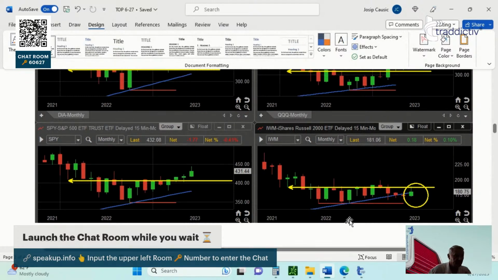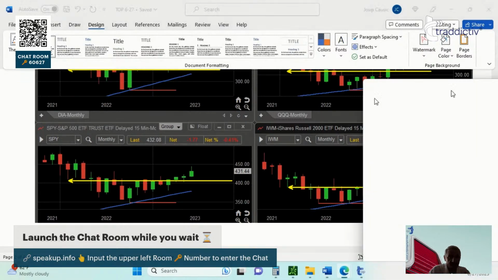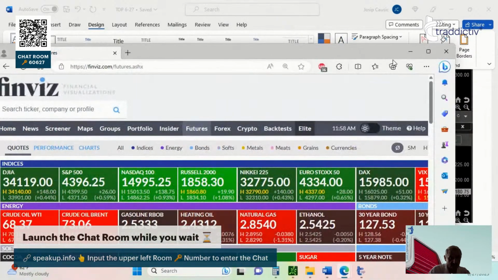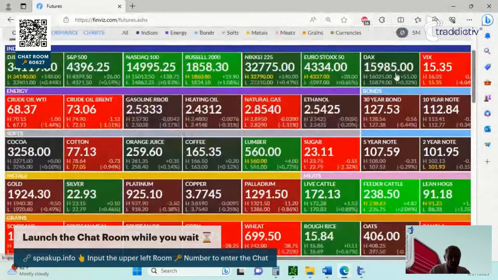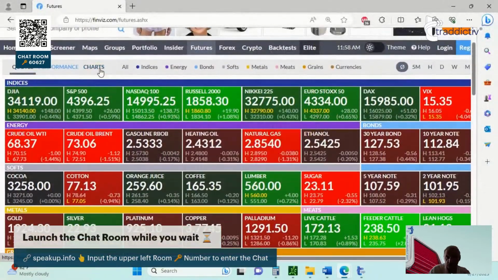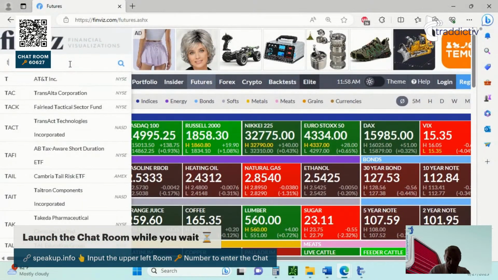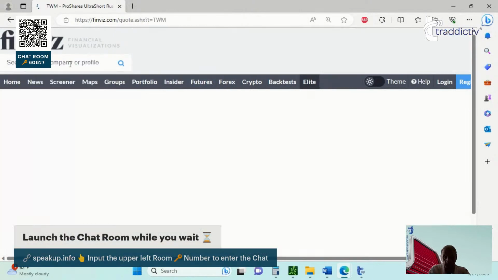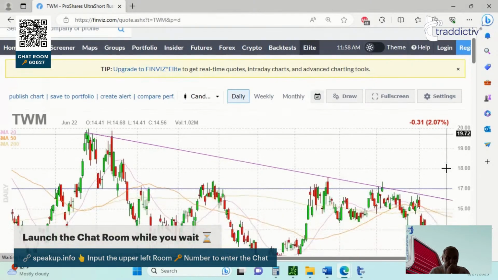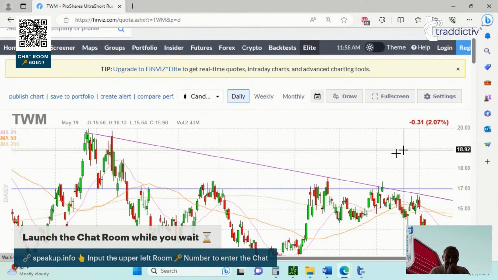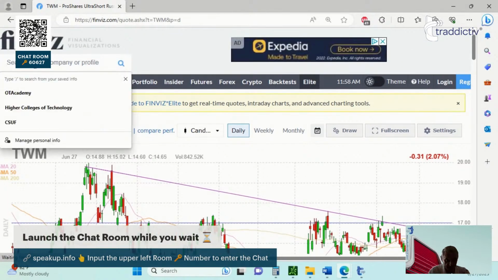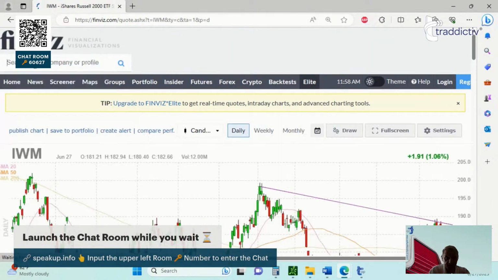Then how do you trade the Russell? Well, I personally trade Russell using these leverage products. Now, of course, you don't need to use these leverage products. You don't, but you could if you want to. Why is this up 2%? Because it's inverse of the IWM. Remember, IWM is about 1%.